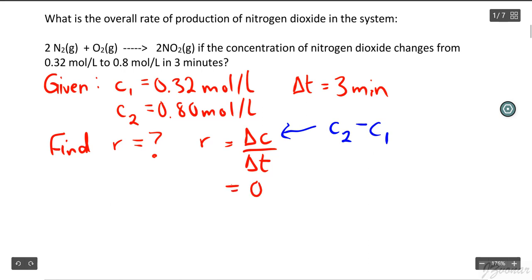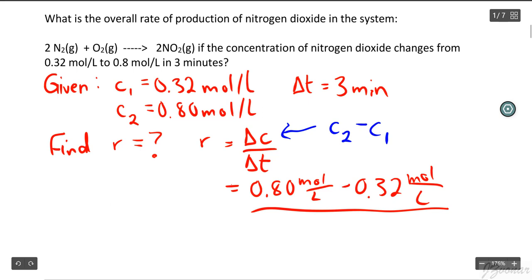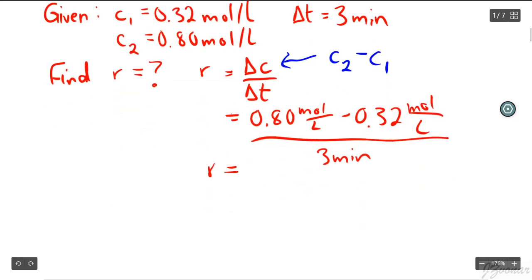So we're going to plug in our numbers then. 0.8 moles per liter minus our 0.32 moles per liter over the change in time, which is 3 minutes. Plugging this all into our calculator, we get a rate of 0.16 moles per liter minute.